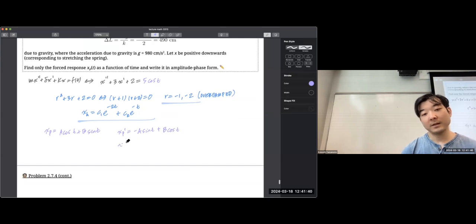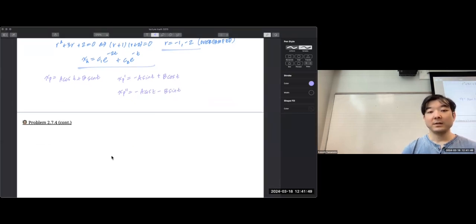And then xp double prime is going to be equal to negative a cosine of t minus b sine of t. And then you're just going to plug this in. So when you plug it in, it's just going to be this.